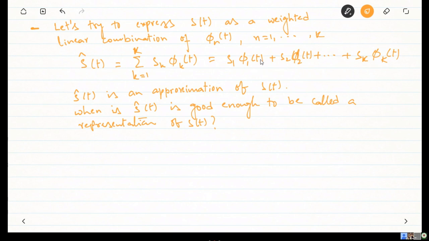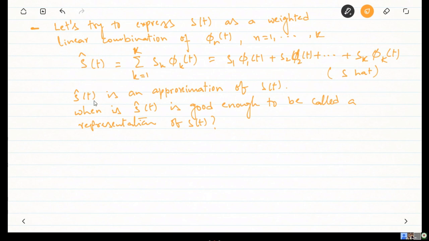So we have K signals, and we want to find a linear combination of these signals that is equivalent to S of t. Till now it is not exactly equivalent to S of t, so that's why I represented this as S hat of t. As there is a hat on top of S, we call this signal S hat of t.